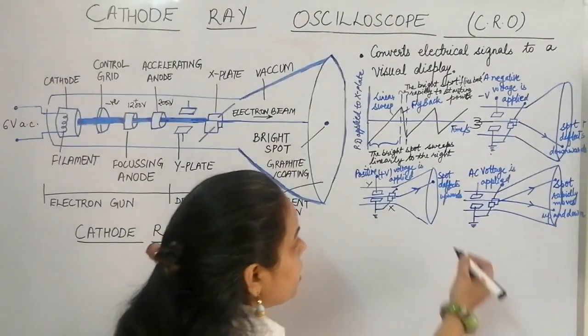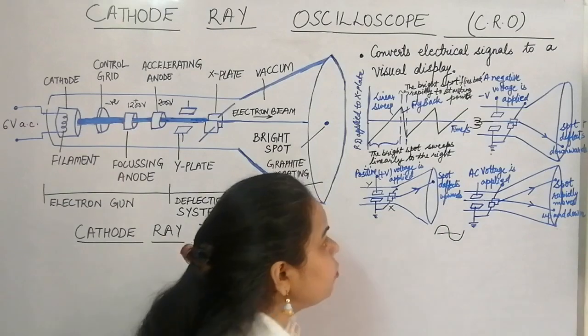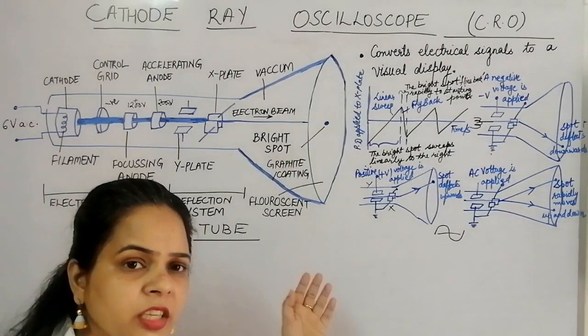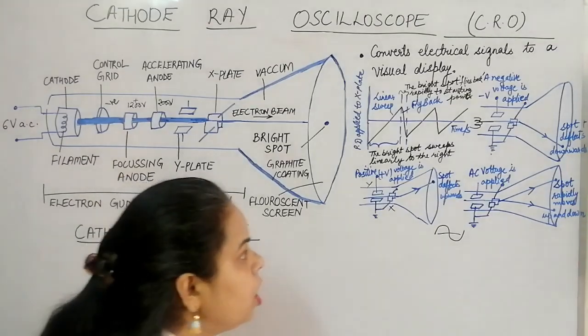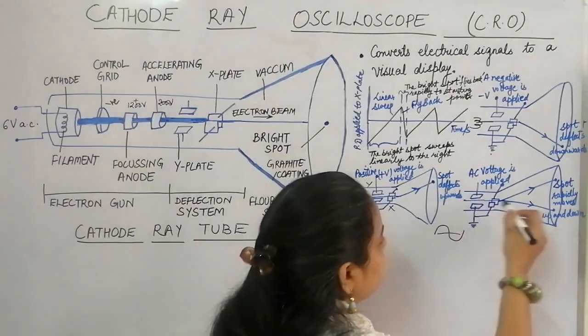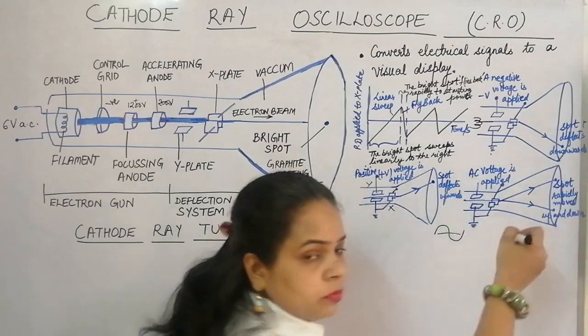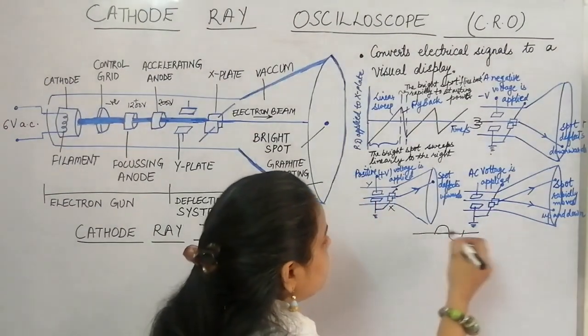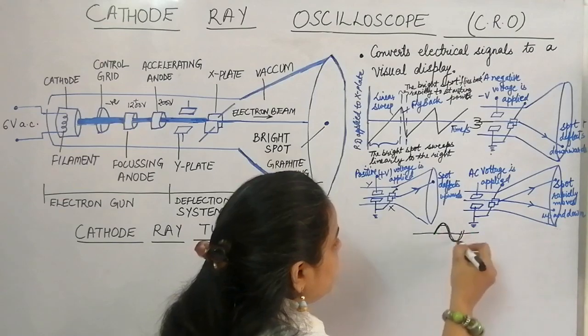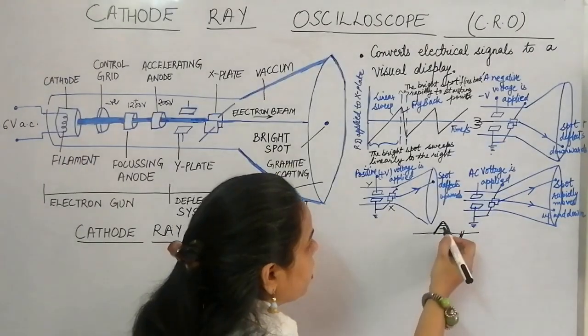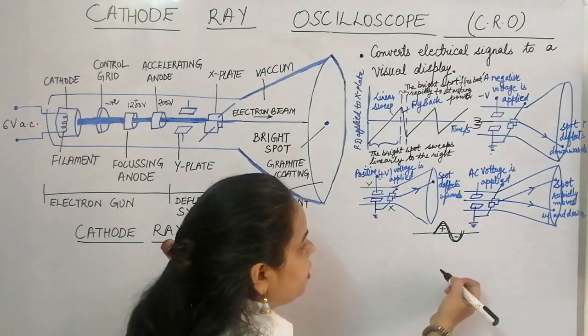If we apply an AC voltage, since AC voltage is changing continuously with time, changing its magnitude as well as direction, we will see a spot which is constantly moving up and down. Here the input signal is moving up and down, changing its magnitude as well as direction. Here it has a positive value, here it has a negative value.